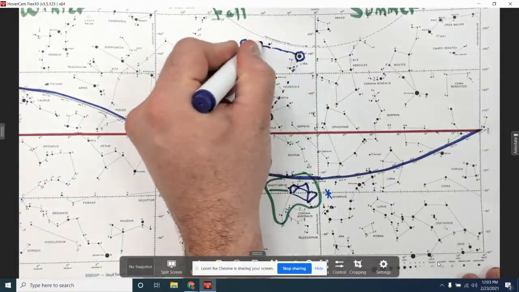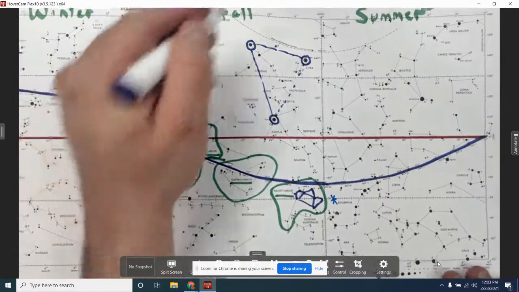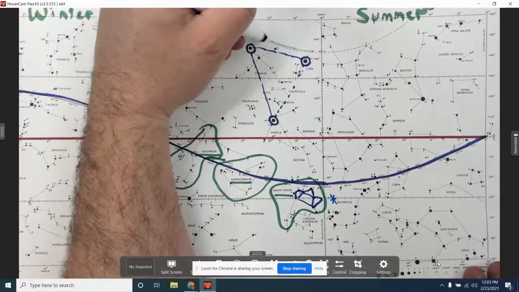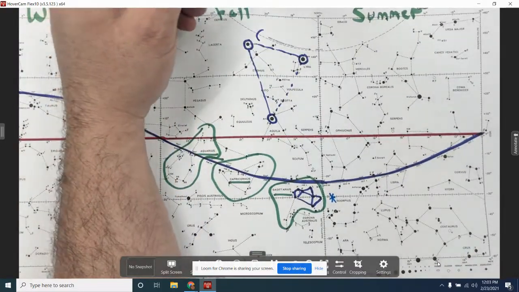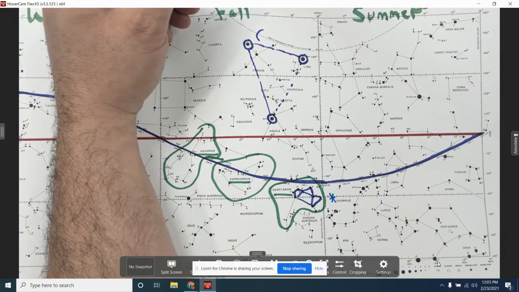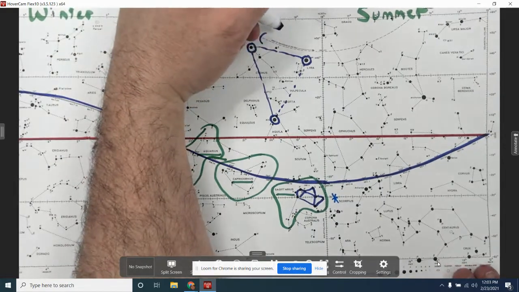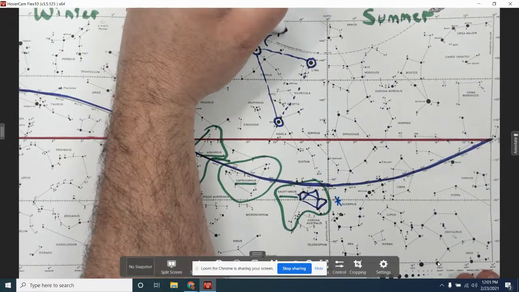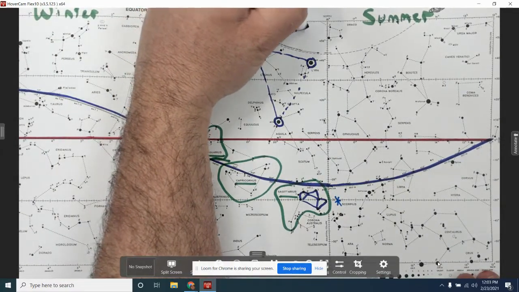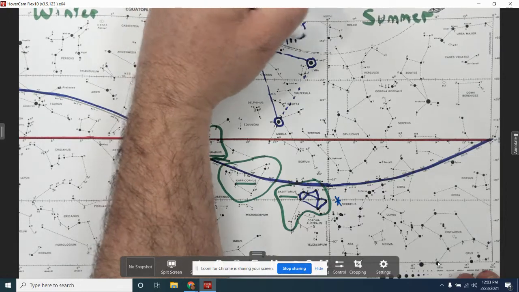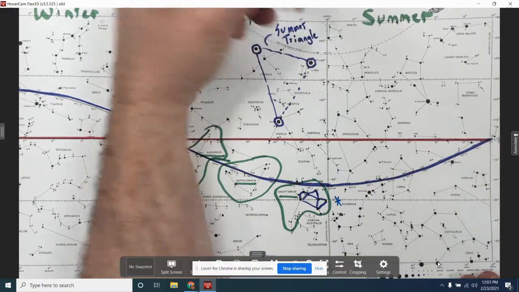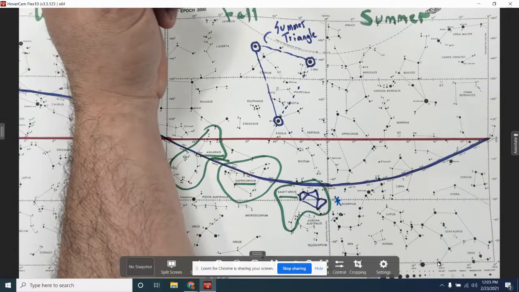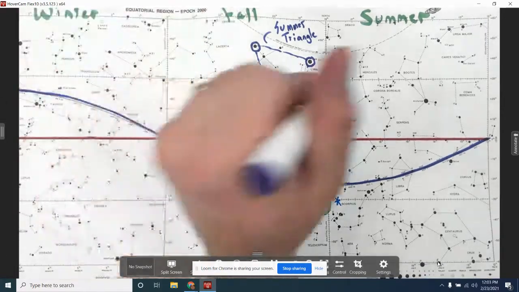I know it sounds almost magical, but it's not. It's just geometry. So what we're looking at here, this is an asterism because I did it in purple. All right. And it's what we call the summer triangle. It's up all summer. And it's up for like most of the night all summer. So it's really a cool grouping of stars.